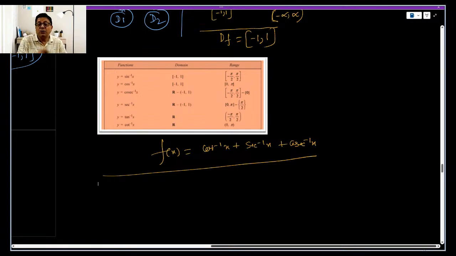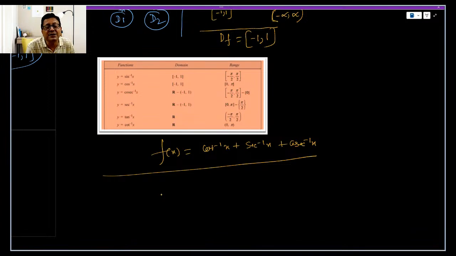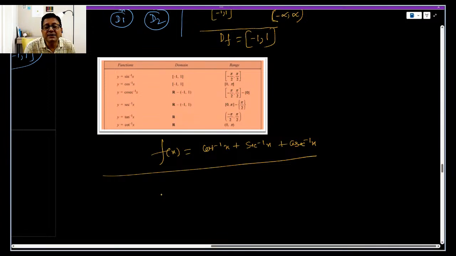Okay. So what is the domain of cot inverse x? Just check. Cot inverse x domain is R. Sec inverse x domain is R minus this thing. Cosec inverse x domain is R minus the same thing. So write the domains separately here. D1 equal to R. D2 equal to R minus (-1, 1).